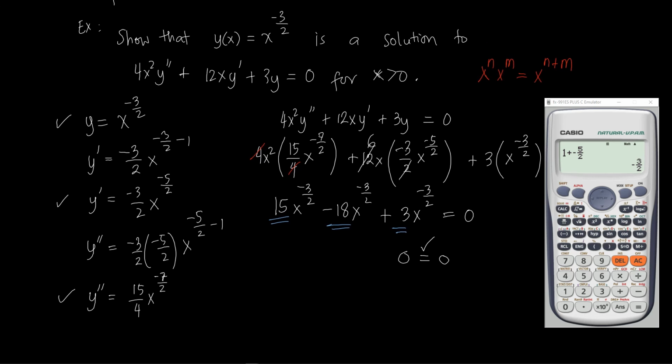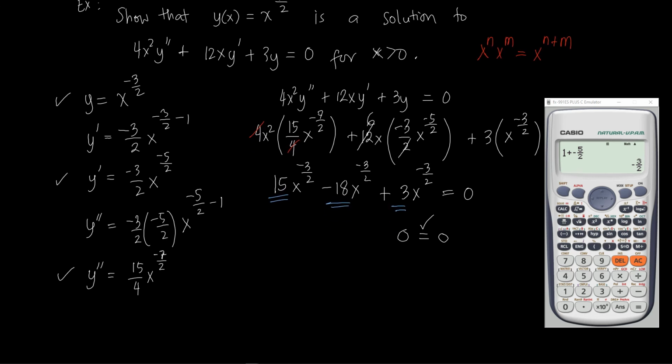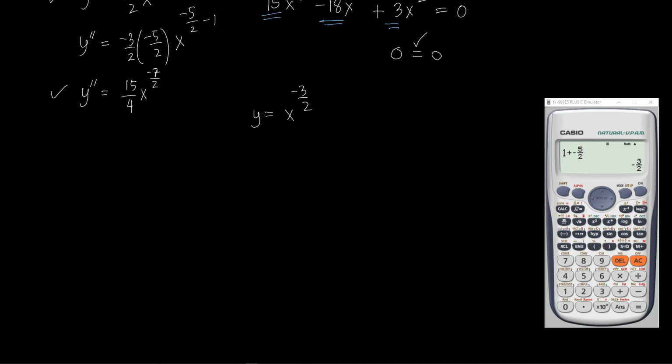Meron tayong y is equal to x raised to the power of negative 3 halves. Okay. Remember sa algebra, yung y is equal to x raised to the power of negative 3 halves, pwede natin yan i-rewrite as 1 over x raised to the power of 3 halves. Okay, yung negative exponent, ibaba lang natin.